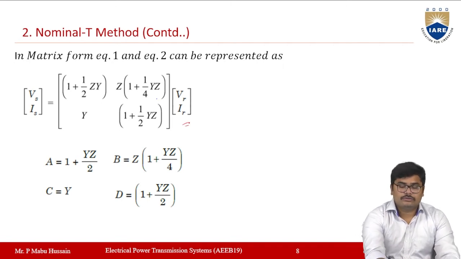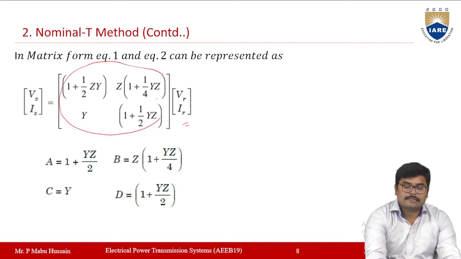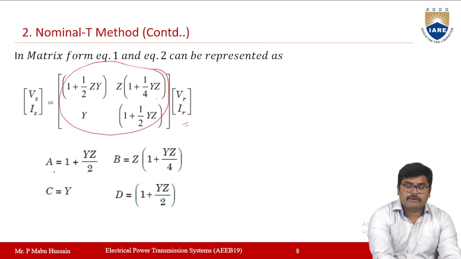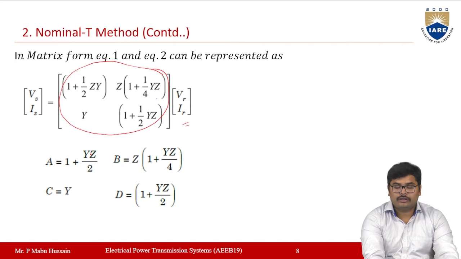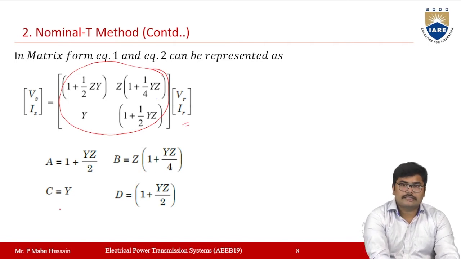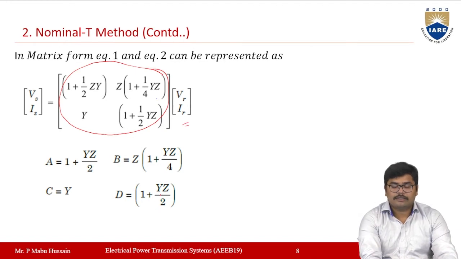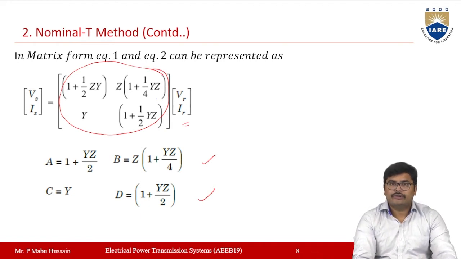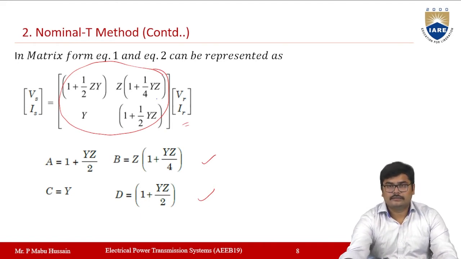Now the elements in this matrix are called the ABCD constants. So the value of A is 1 plus YZ by 2, B is Z into 1 plus YZ by 4, C is Y, and D is 1 plus YZ by 2. Like this you can derive the ABCD constants for a medium transmission line by using the nominal T method.